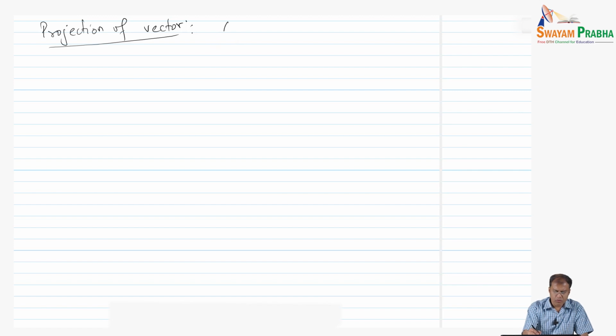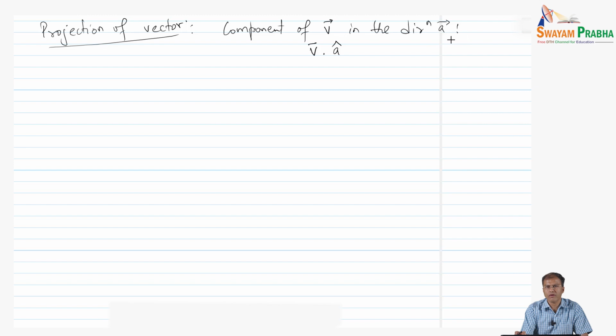So let me write this. The component of the vector v in the direction a is given by v dot a hat. So it is the component of the vector v along the direction where we are trying to find the projection, that is the direction a.